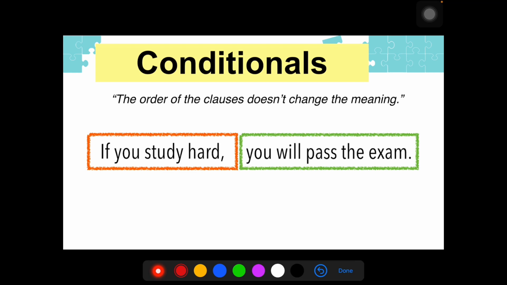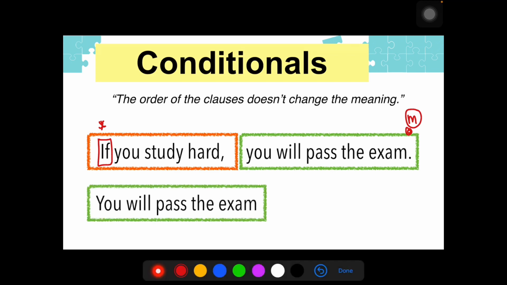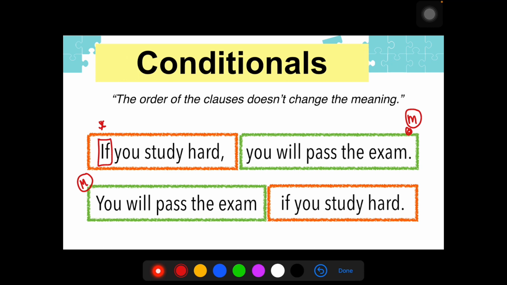This is the if clause and this is the main clause. Or you can swap the main clause to the front: you will pass the exam as the main clause, if you study hard as the if clause. Remember, in this one there is no comma at all, but in the other one you need a comma.